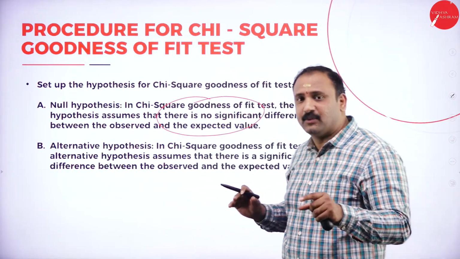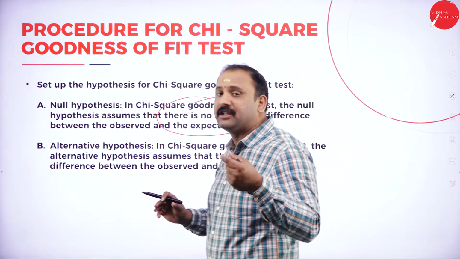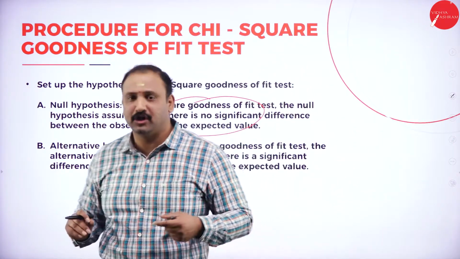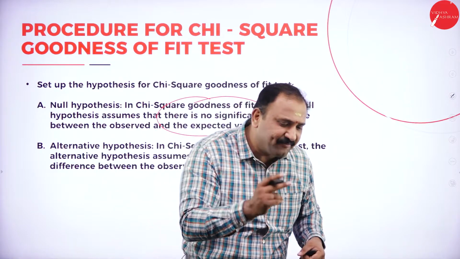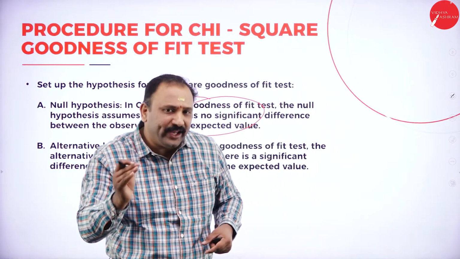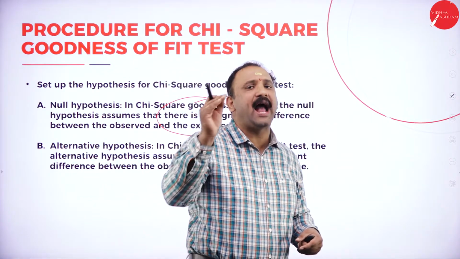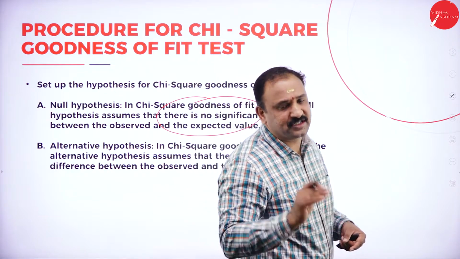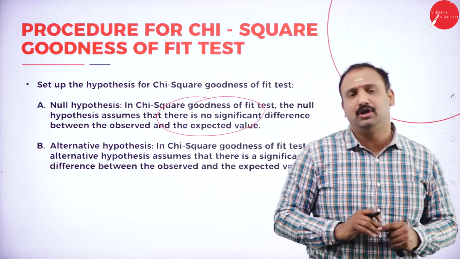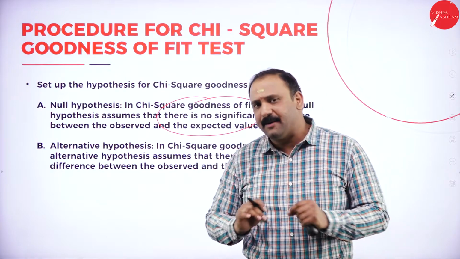On the other hand, when I'm talking about the alternative hypothesis altogether, there is a significant difference between the observed value and that of the null hypothesis, that is the expected value altogether. Now, why is this coming into the picture?